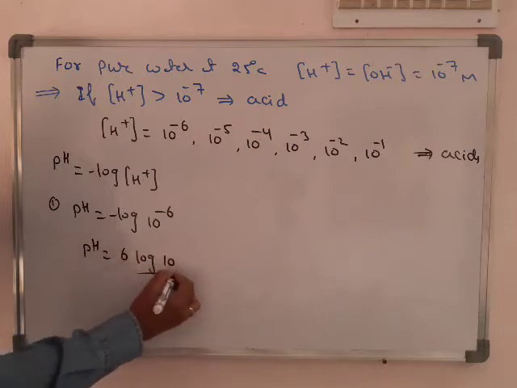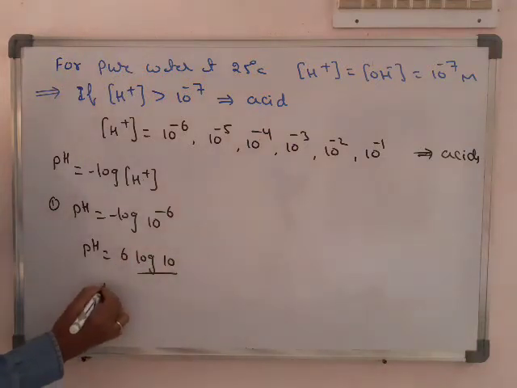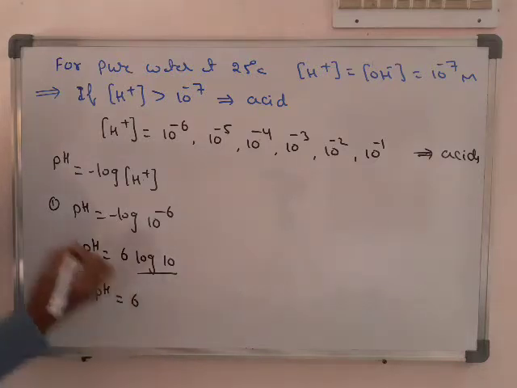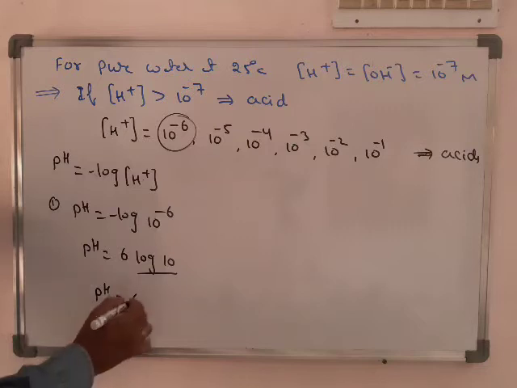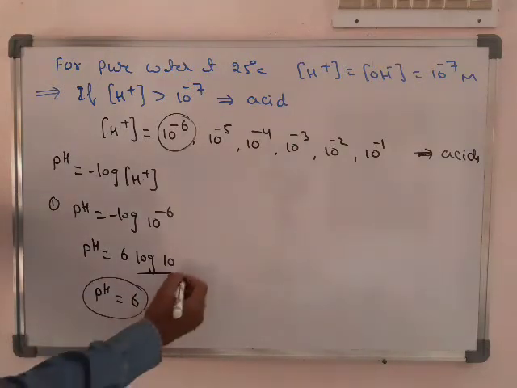We know that log 10 value is 1, so pH is 6 into 1, which means 6. If the concentration of H+ is 10^-6, we get pH equal to 6.